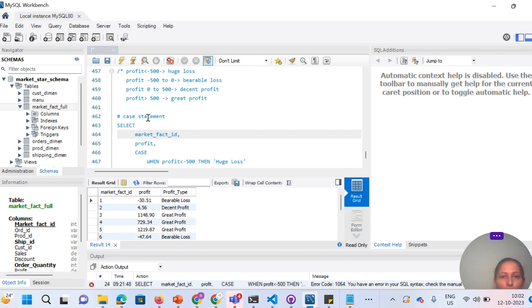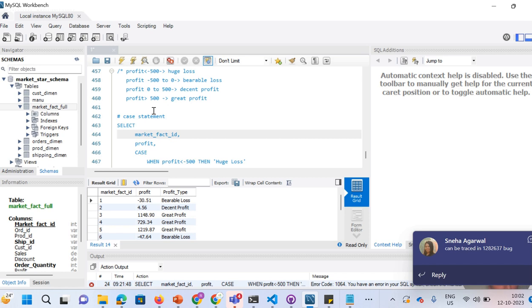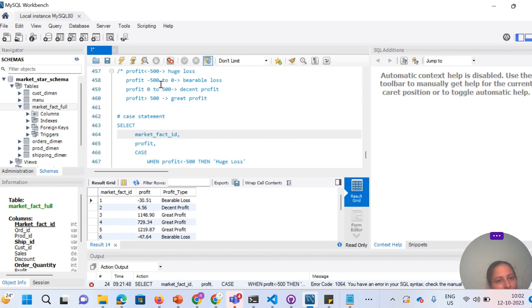Before going to the query, I want to make clear the statement. If profit is less than or equal to minus 500, then there is a huge loss. If profit is in the range of minus 500 to 0, then these are bearable losses.